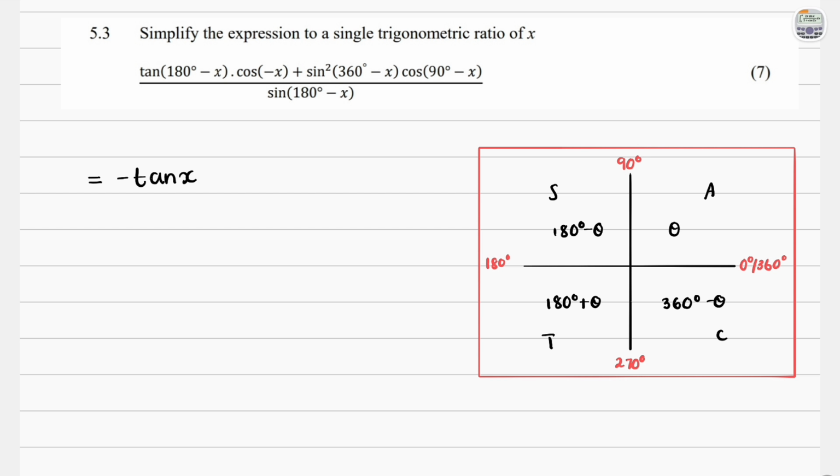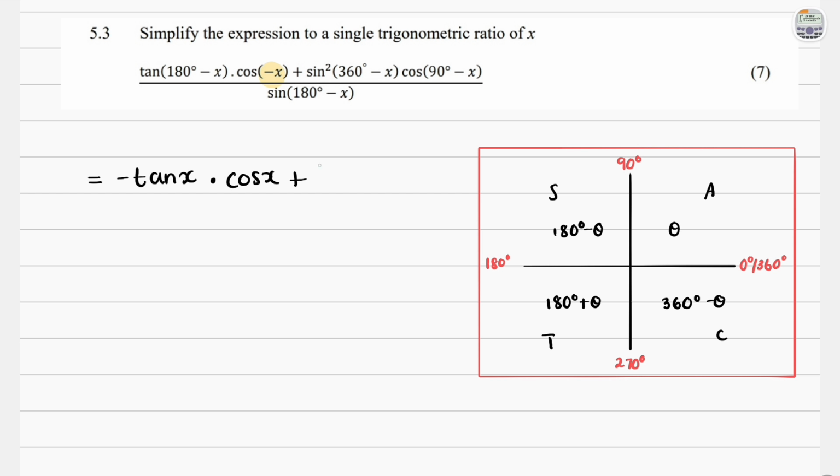And this is multiplied by cos negative x. When your angle is negative, you can simply just add 360 degrees to it. So when you do that, you get positive cos 360 degrees minus x. And when you want to reduce this angle, do you see that this is in cos's quadrant? So cos is positive here, so it reduces to positive cos x.